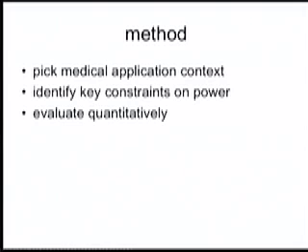And the idea then is to pick a medical application context, a fairly generic one that will likely come up in many different scenarios. If you have other ideas, I'd be more than happy to discuss them and hear about them later. In this particular application, try to identify what are the key constraints on the amount of power available, and then evaluate how much power is available and what might the implications be for the body.